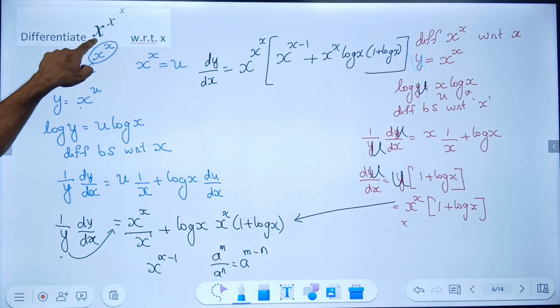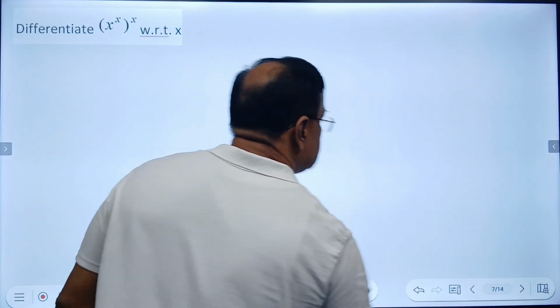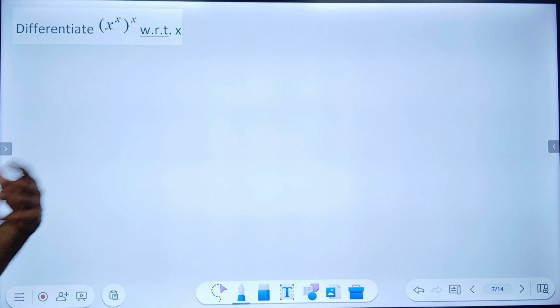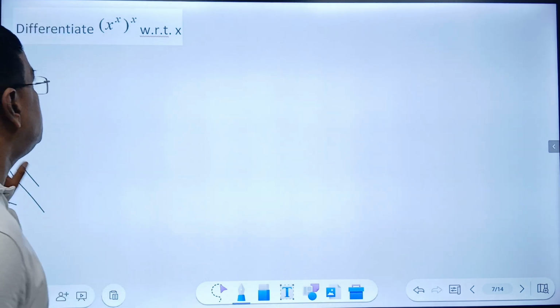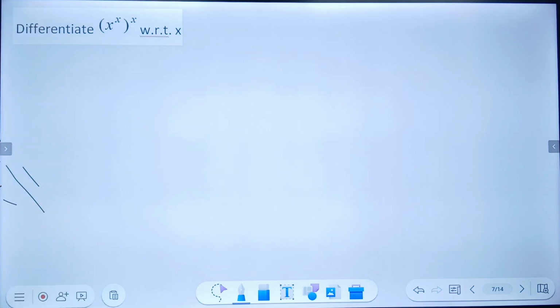Here this x is raised to the power of x power x. Okay. So very simple question. Now you have a similar question. Here now the situation is it is x power x raised to the power of x. Previously it was x power x, but now in this problem it will be x power x raised to the power of x.